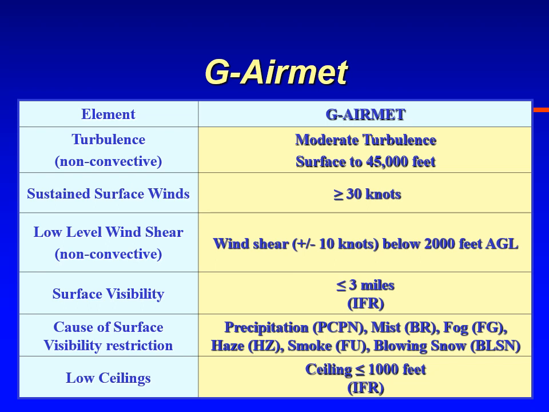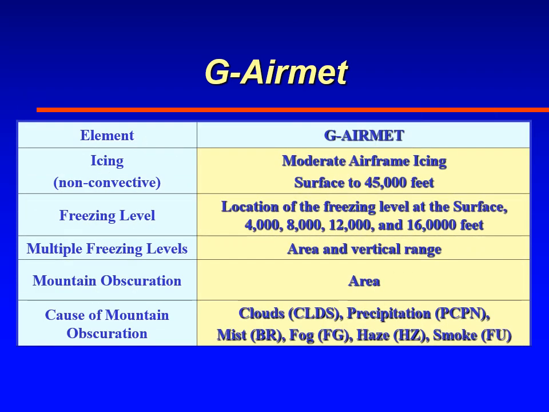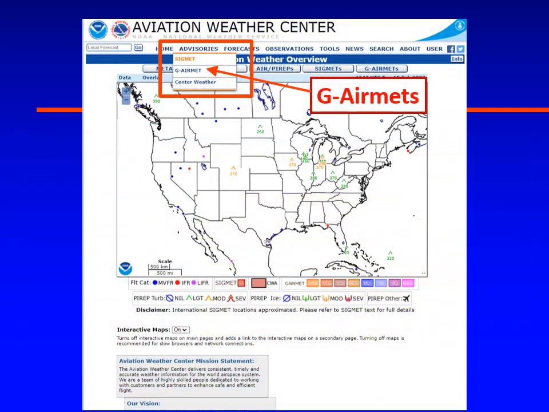Surface visibilities less than 3 miles, which would be IFR, and ceilings less than 1,000 feet. And then also to give you the cause of the surface visibility restriction. Also included in the graphical airmet is icing, freezing level, multiple freezing levels, mountain obscurations, and the cause of the mountain obscuration. You can find graphical airmets at the Aviation Weather Center under the Advisories tab.